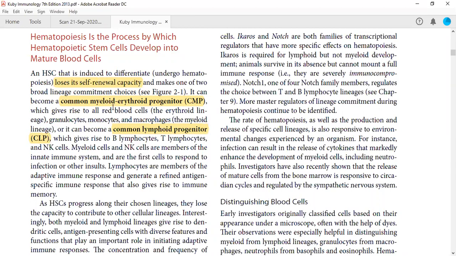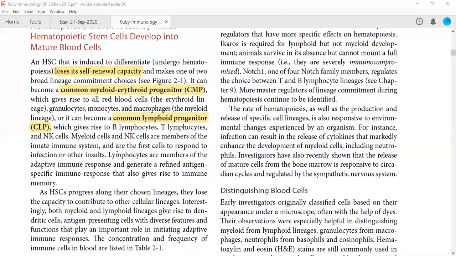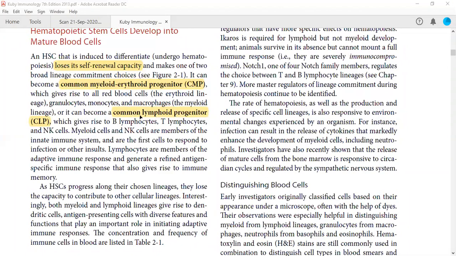They will differentiate into different cell types, but they will not have this property. So this property is lost if the cell is induced to differentiate. We already discussed that the common lymphoid progenitor gives rise to B lymphocytes, T lymphocytes, and natural killer cells.